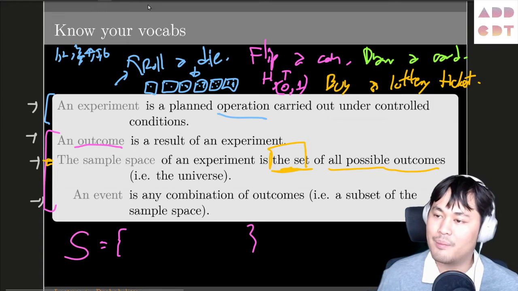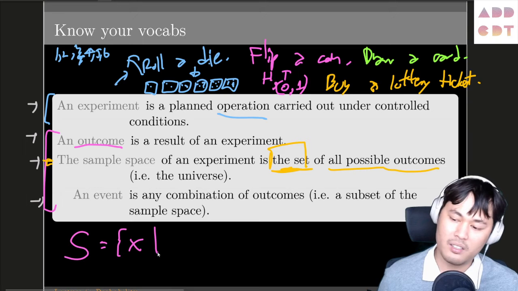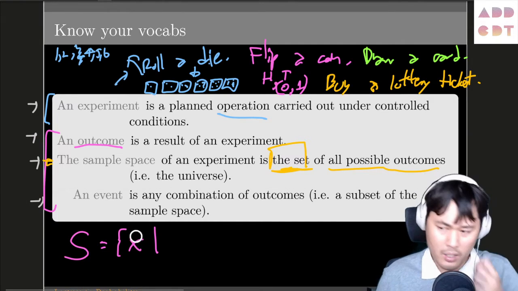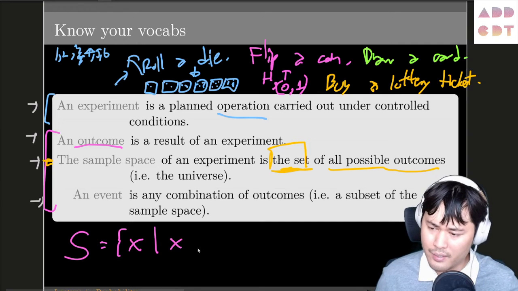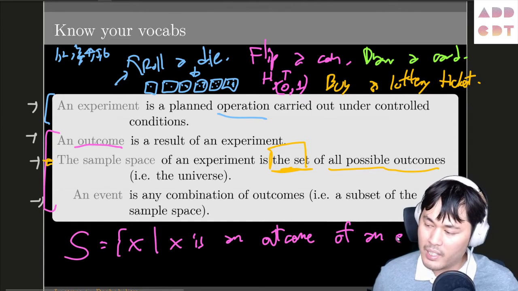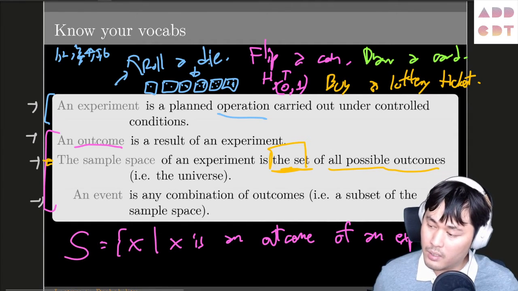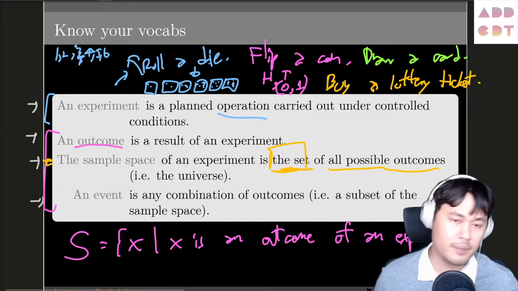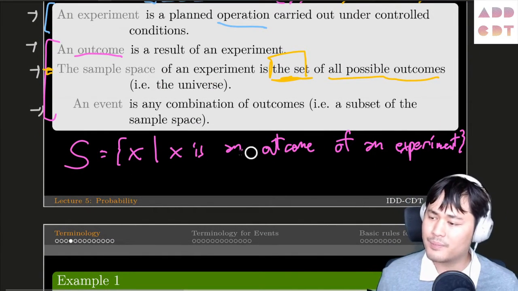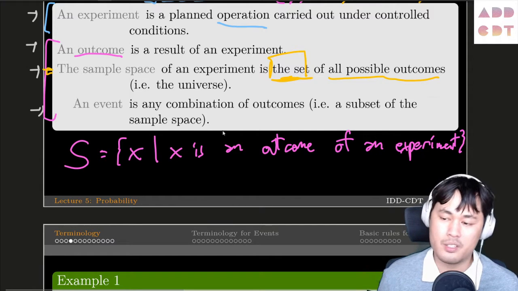You could, of course, describe the set with a description: it's the set of all outcomes x such that x is an outcome of an experiment. I didn't actually present that in the previous lecture. So this will be the description.